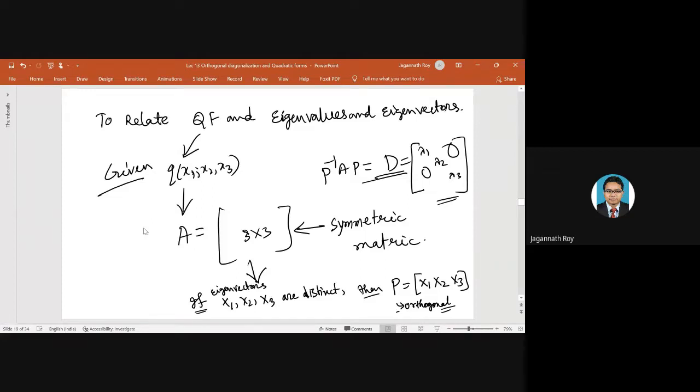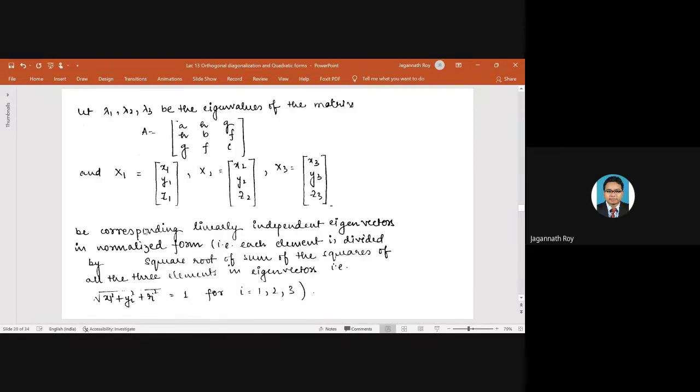So with this relation, we'll try to look at the sum of squares form. Okay, so this is an arbitrary matrix. We are taking one symmetric matrix. So if you take A, H, G, then A, B, C as the diagonal elements, we are making one symmetric matrix.